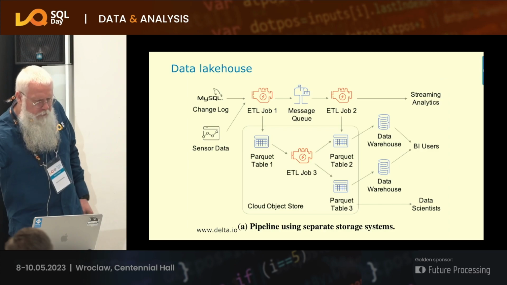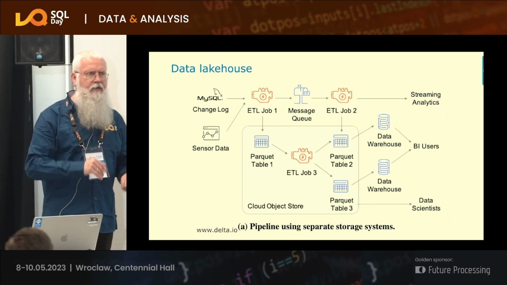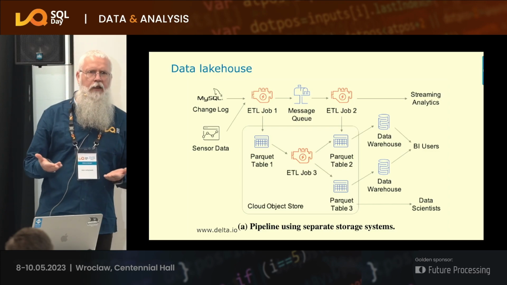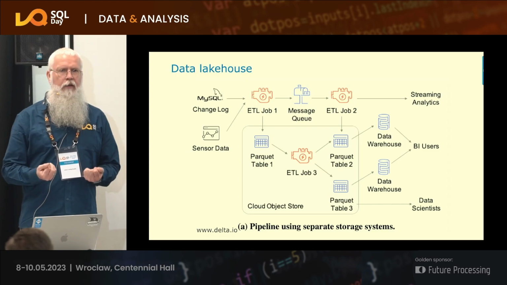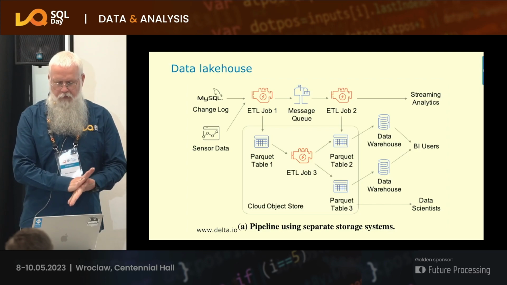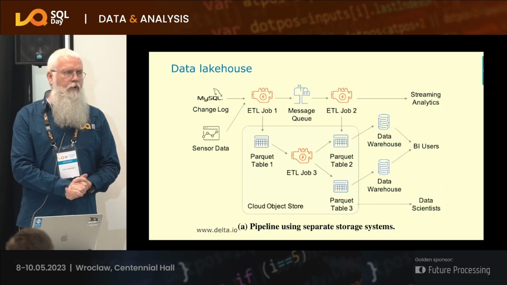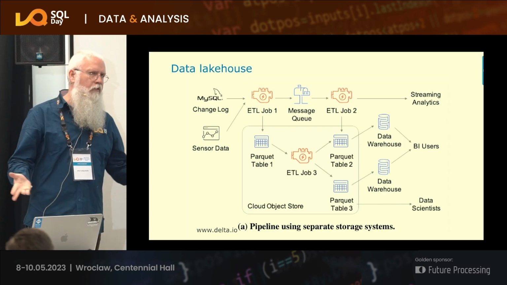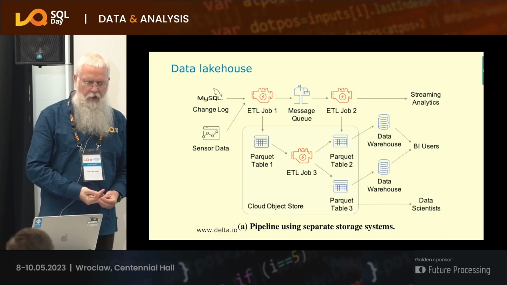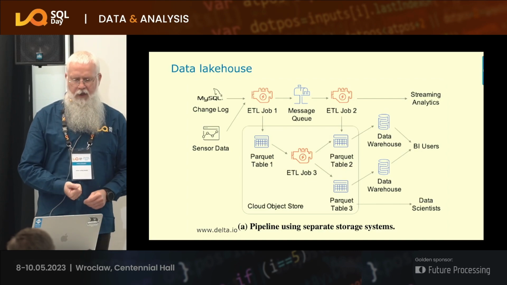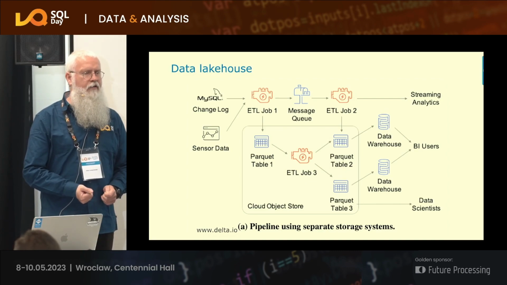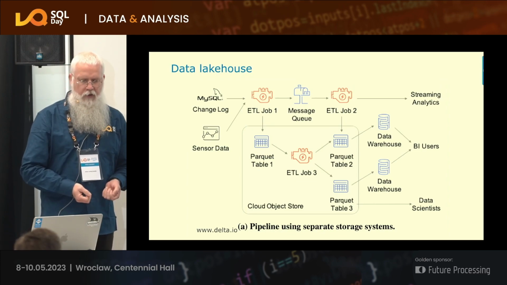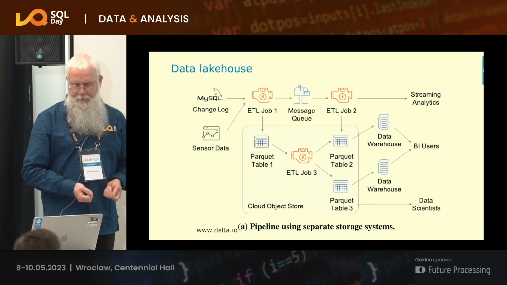So again, from a typical, very basic architecture overview, this will be your data warehouse solution in the cloud. You have your sources on the left, so MySQL or SQL or Oracle or Salesforce or whatever. You have some sensor data that's streaming in. Then you have an ETL job that takes that data, transforms it, sends the live data into a message queue, sends everything else to a Parquet file.